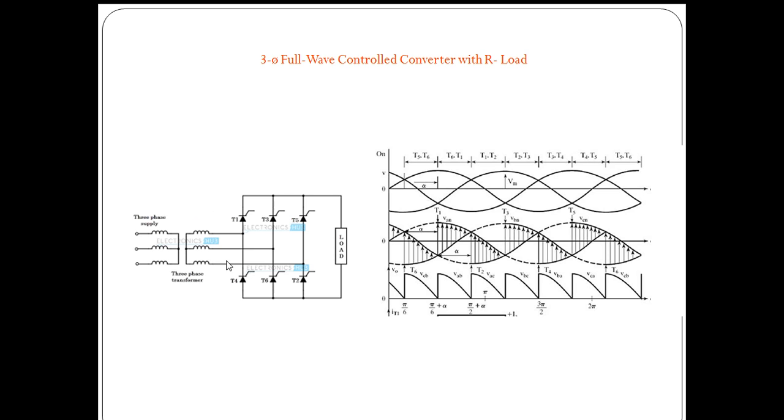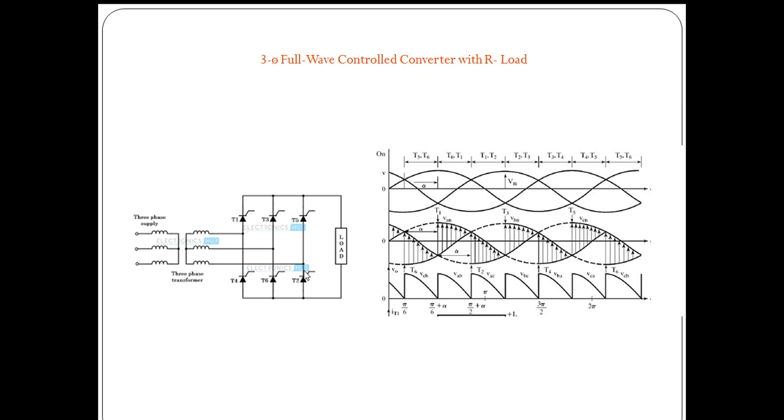From the three phase transformer, we have connected to a bridge circuit, and in this bridge, six thyristors are available. T1, T3, T5 will constitute a positive group. T4, T6, T2 will constitute a negative group of thyristors.